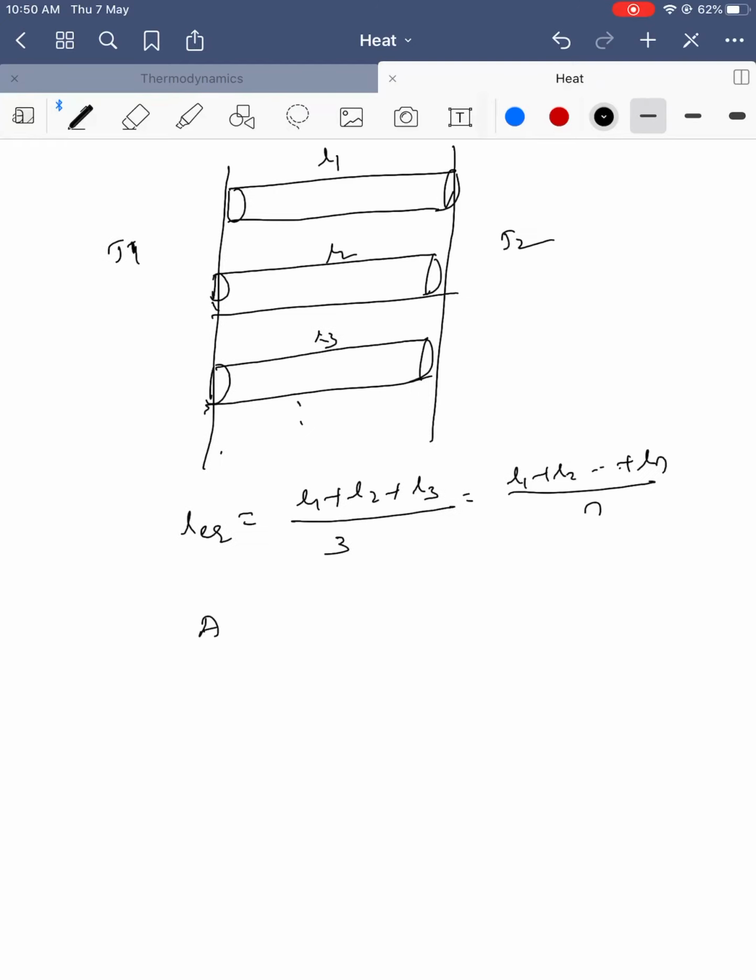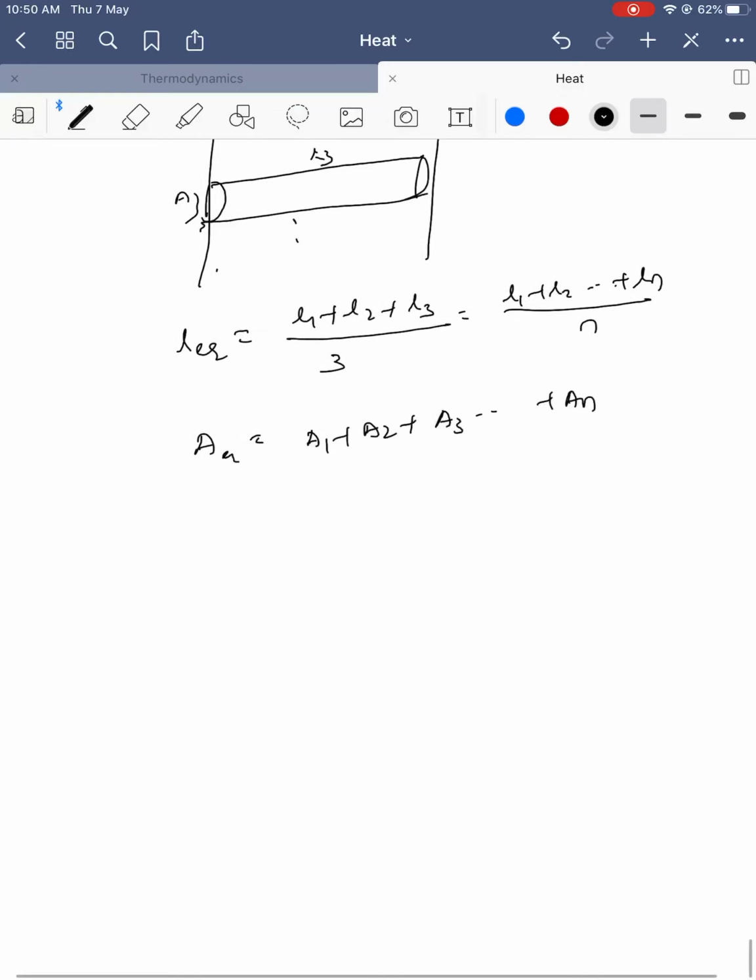So A equivalent, say the rods have areas A1, A2, A3. So area becomes A1 plus A2 plus and so on plus An. Okay, this is exactly opposite for series connection.